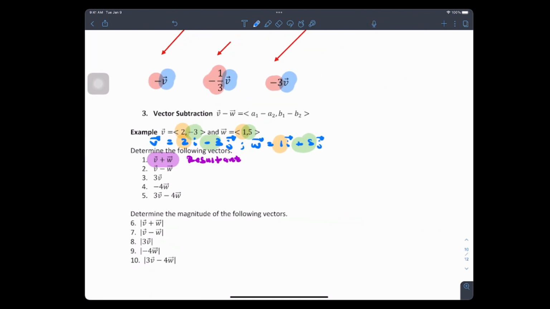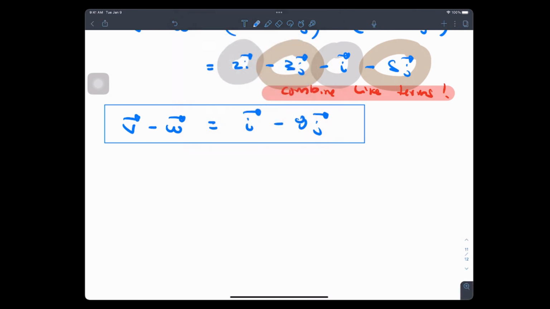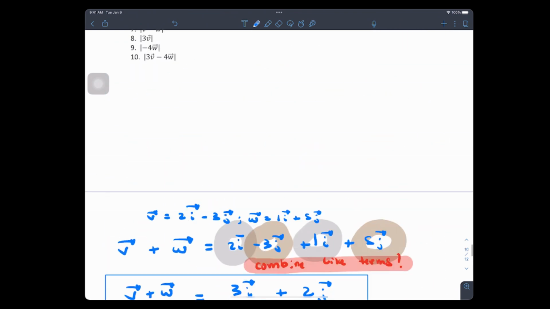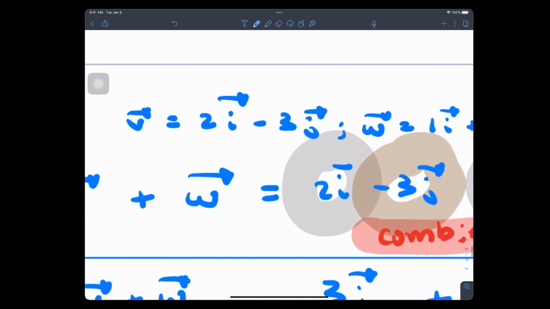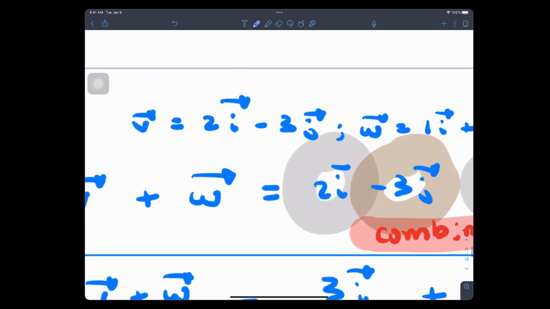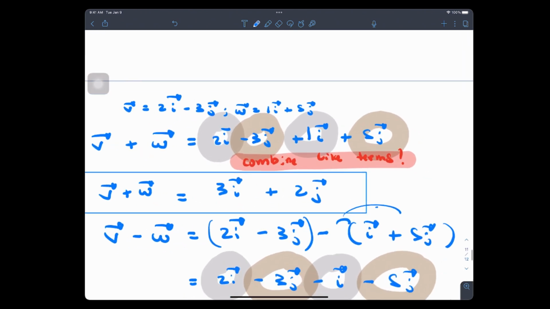Okay, so here's 3v. You guys okay with that? Take 3. What is v? Oh, we have it here. Sorry. It's 2i minus 3j. All right.